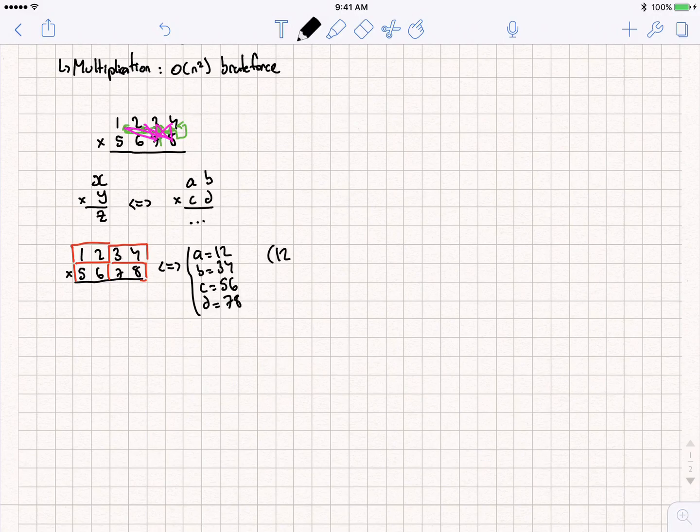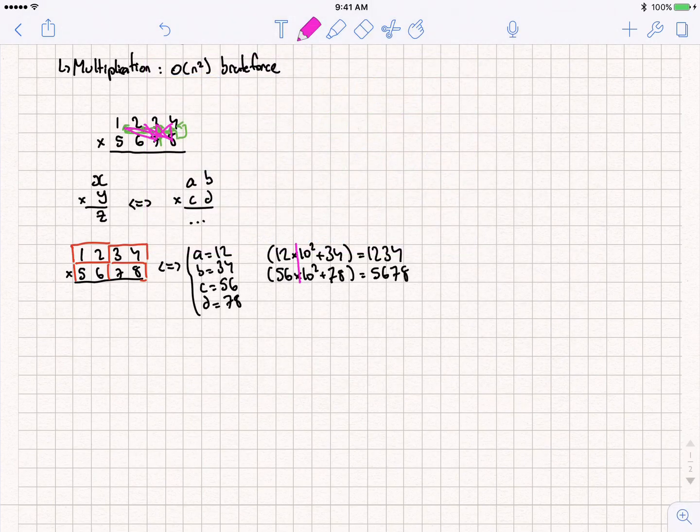If we do 12 times 10 to the 2 plus 34, this is equal to 1,234. We have 56 times 10 to the 2 plus 78, and this is equal to 5,678. So in essence, we're doing this shift over here.